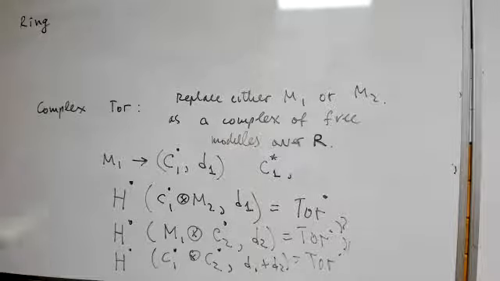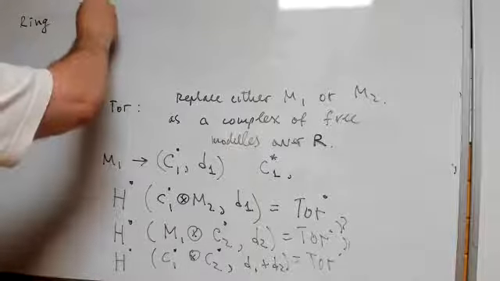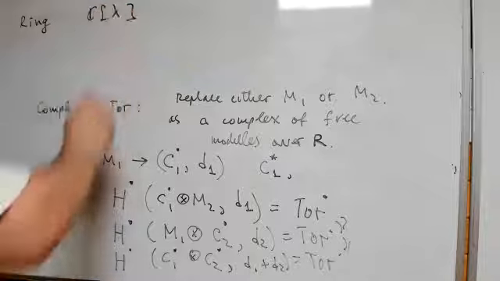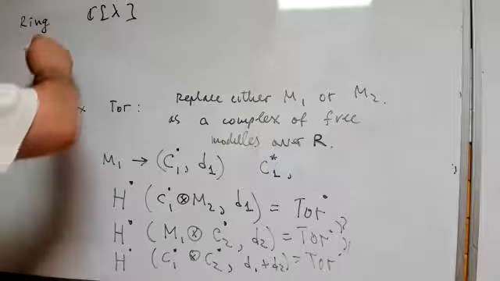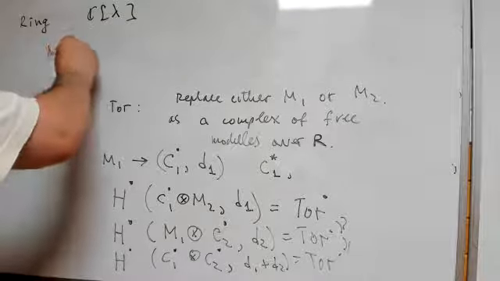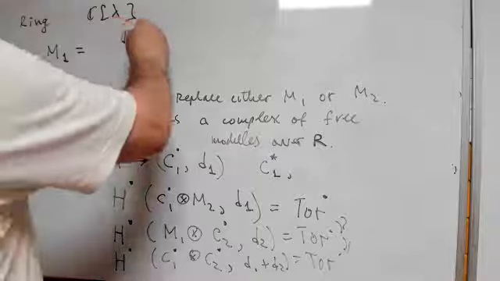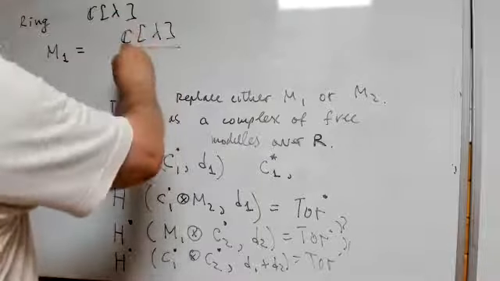So it's actually the derived tensor product. So the ring would be polynomials in lambda. The module M1, as you may see, would be exactly this.